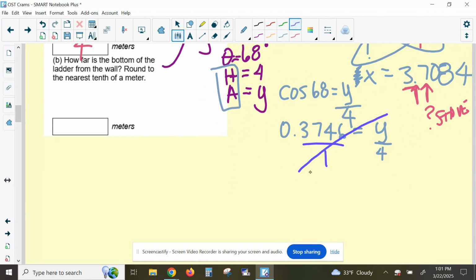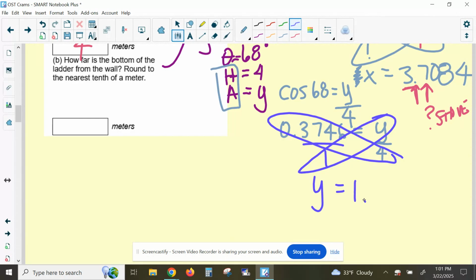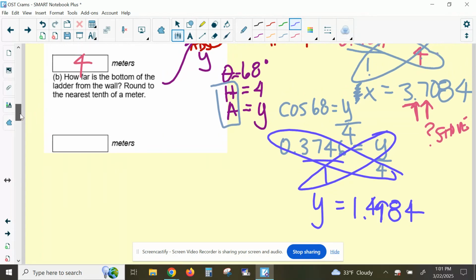I'm going to cross multiply. 1 times y is just y. 4 times 0.3746 is 1.4984.